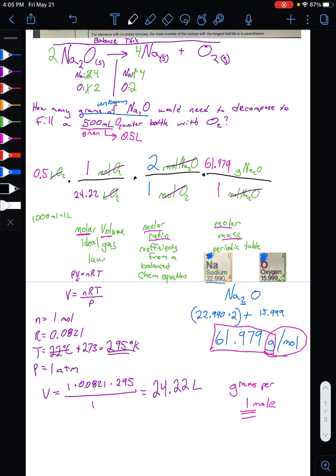Whatever pleases you. But at the end of the day, you are going to multiply everything on the top together. You're going to multiply everything on the bottom together. And you're going to take the product of the top divided by the product on the bottom.